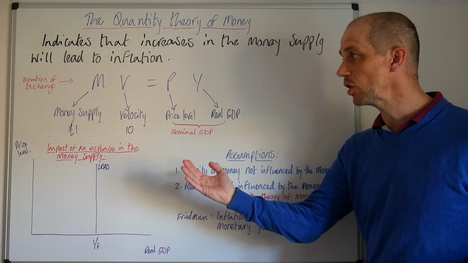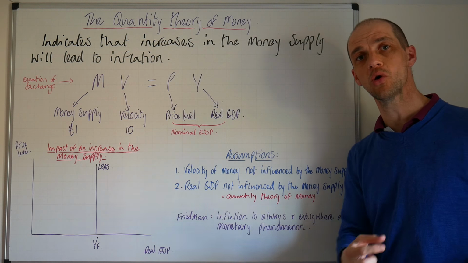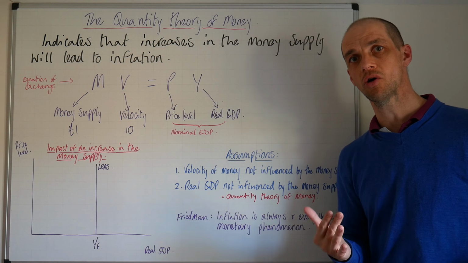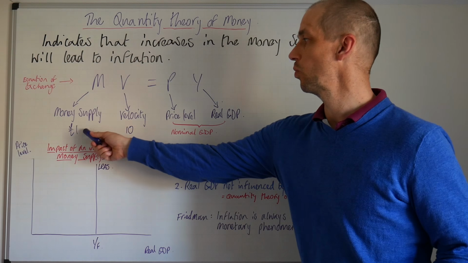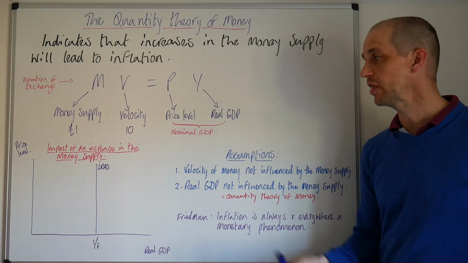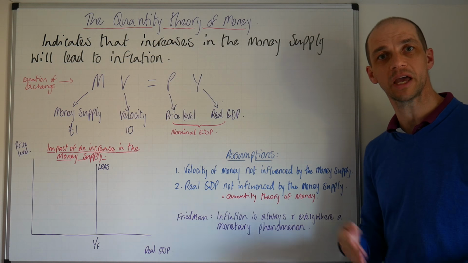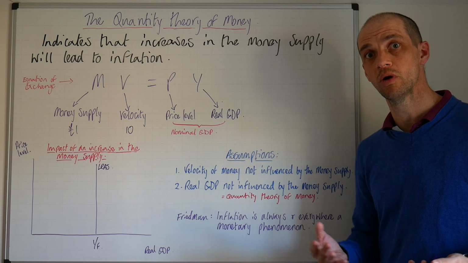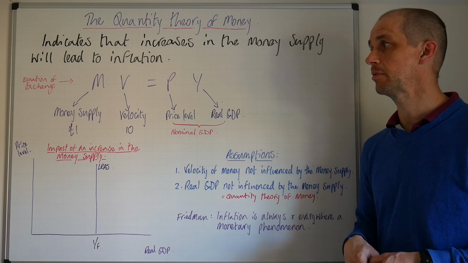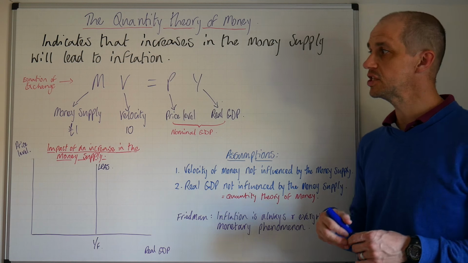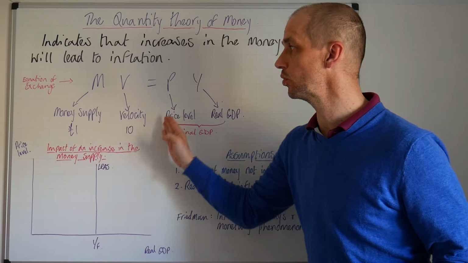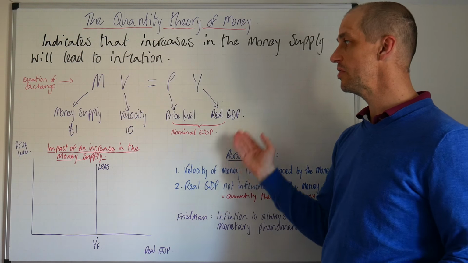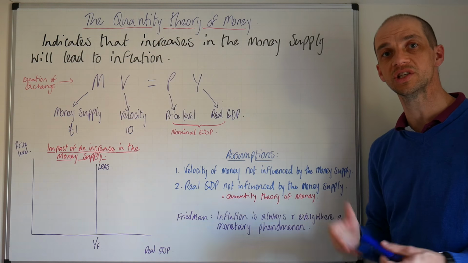So the velocity of circulation there, because that has been moved through the economy 10 times, then we can see £1 times 10, well, that would equal a nominal GDP of £10. So the actual nominal GDP for the economy there would be £10. Now, this is really showing what is bought in the economy. This side of the equation is showing what is bought, and this side of the equation is showing what is sold.